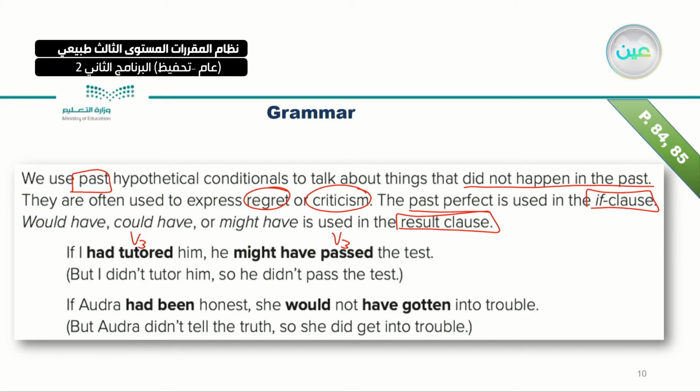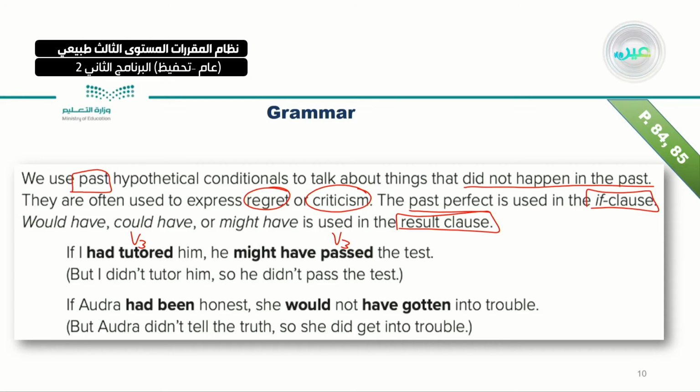If Audra had been honest, she would not have gotten into trouble. Now I am expressing what? Criticism. So I'm criticizing this one. But actually, Audra didn't tell the truth, so she did get into trouble. Look here: if Audra had been honest, she would not have gotten into trouble.